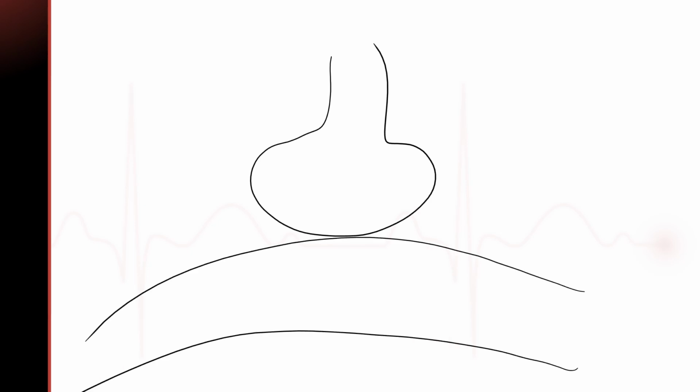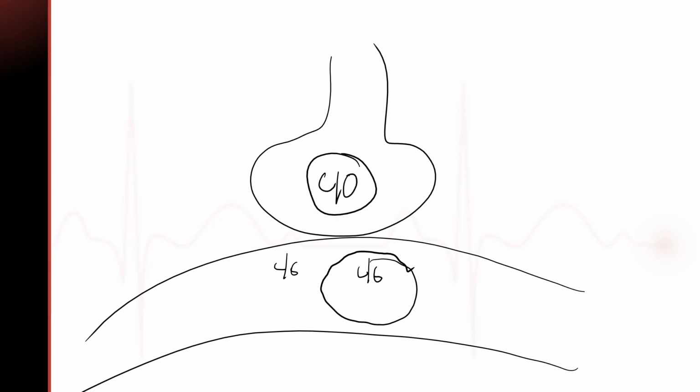So here we'll draw it out. Okay. Here's a red blood cell. Okay. To start off with, the partial pressure of carbon dioxide within the blood plasma is 46. The partial pressure of carbon dioxide within the intracellular fluid of the red blood cell is 46. The partial pressure of carbon dioxide within the air in the alveoli is 40. So carbon dioxide will move from the blood plasma into the air in the alveoli down its partial pressure gradient.